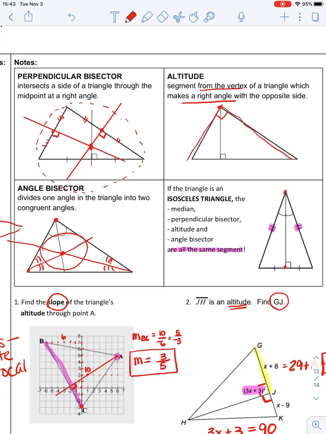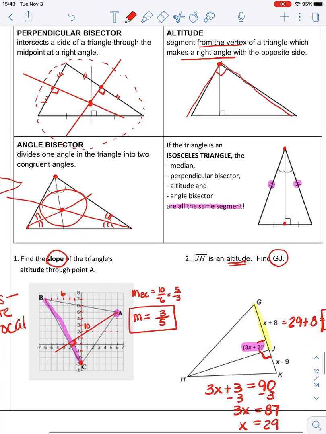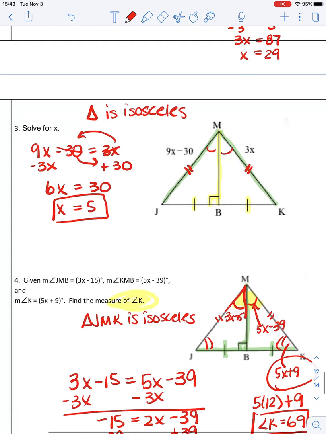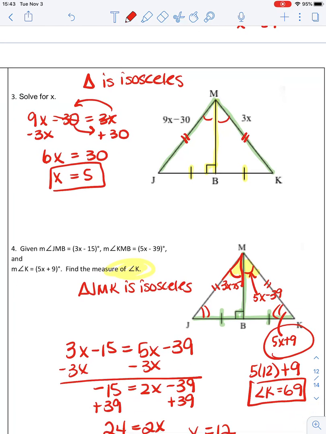The angle bisector cuts the angles in half. The only time that it does all of them, that the perpendicular bisector goes through the vertex so that it cuts it at 90 degrees and cuts it in half, is when the triangle's isosceles. Then all of those pieces are the same piece. And that's helpful because then it tells us how we can work the problem because we know information about isosceles.